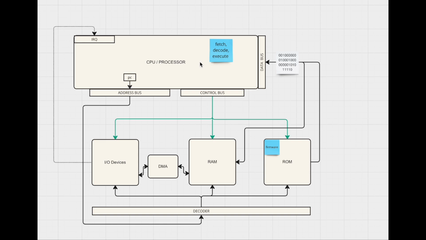But this time it writes the data from the result of the addition onto the data bus, and so that value is set in RAM. And then now we have the execution complete for that instruction.